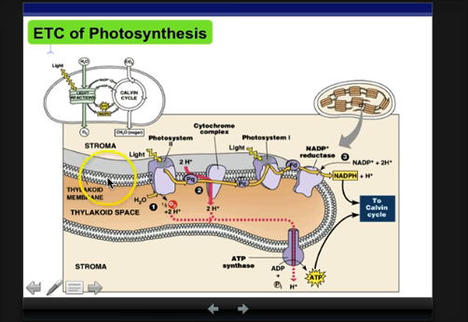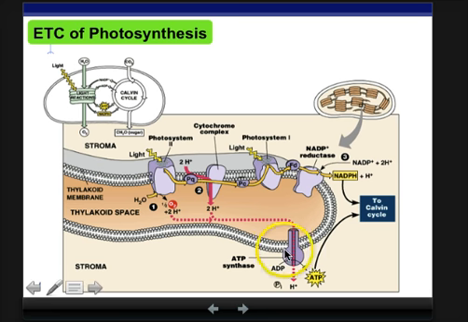So what's coming in is light and water. What's coming out is NADPH and a hydrogen ion and some ATP. So that's the big picture about what's happening here. Water going in, light going in, NADPH and hydrogen ion and ATP out.